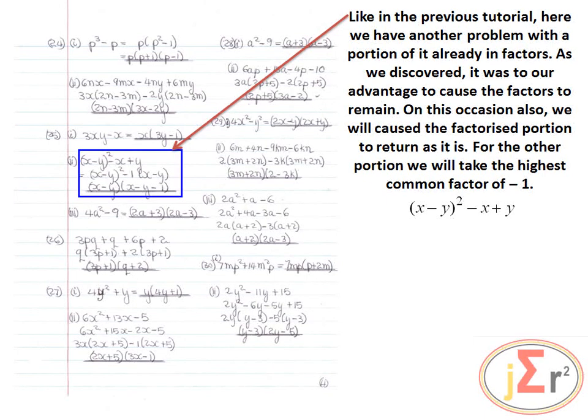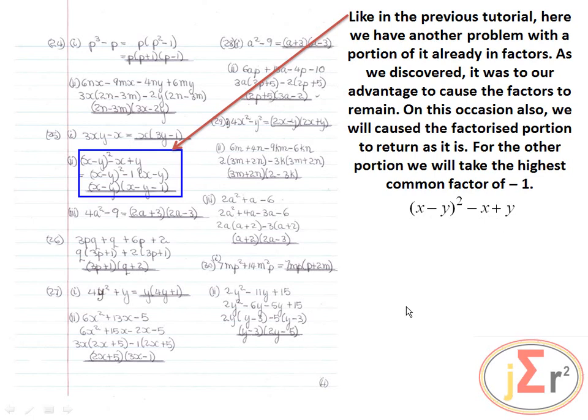For the other portion, we will take the highest common factor of negative 1. So in this particular case, we have a portion of the expression already factorized, or already in factors. Here we have it. And then we have this one that is not factorized as yet.